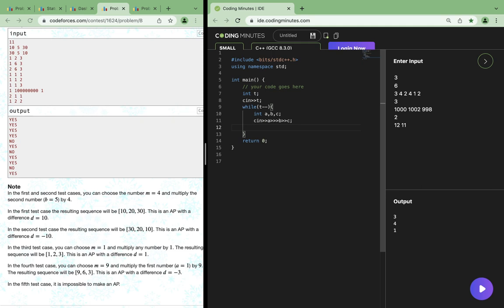So d is equal to a plus c, and if d is divisible by 2, and if we divide it by 2 and then it is equal to b, then print yes, and else if d by 2 is actually divisible by b, then also we can say yes. Right.